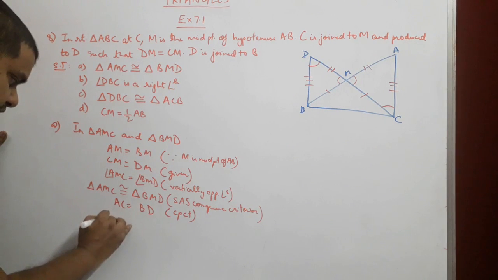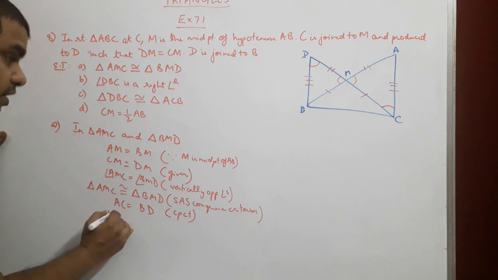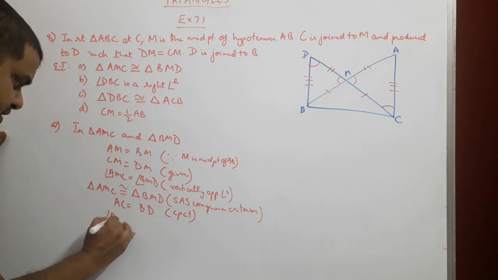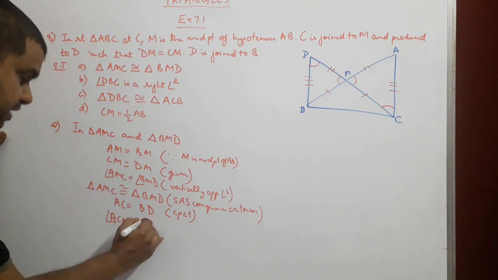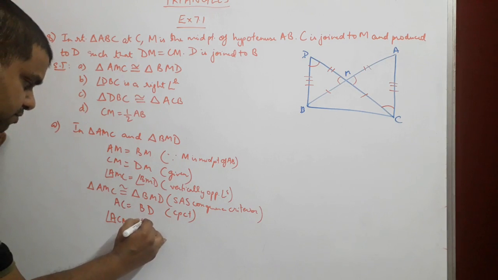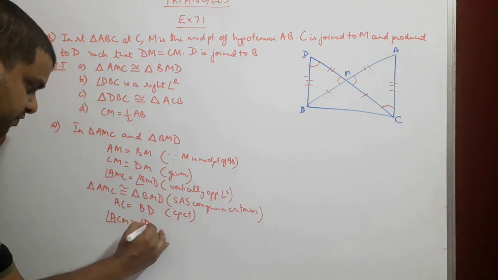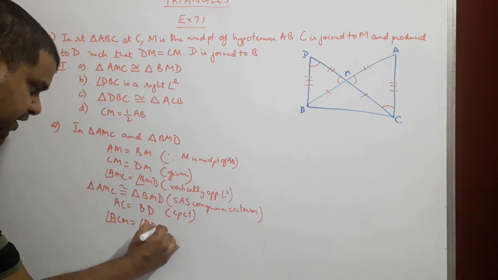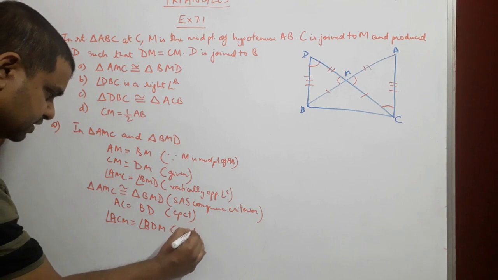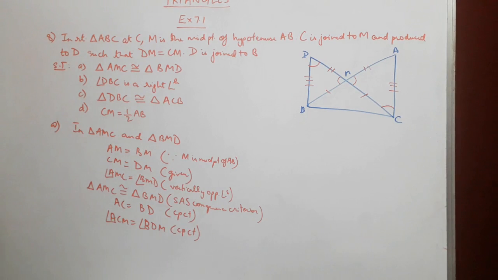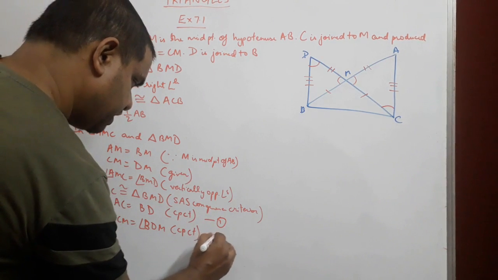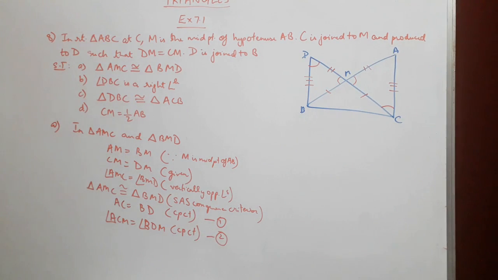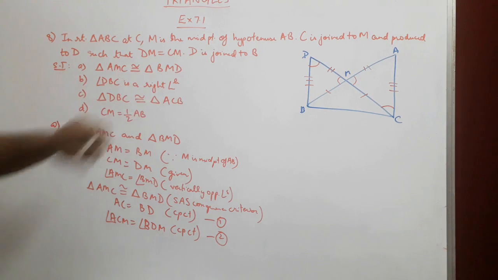So we can say angle ACM equal to angle BDM, CPCT. We mark this as 1 and 2. So our first part is done, that is, we have been able to show triangle AMC is congruent to triangle BMD.